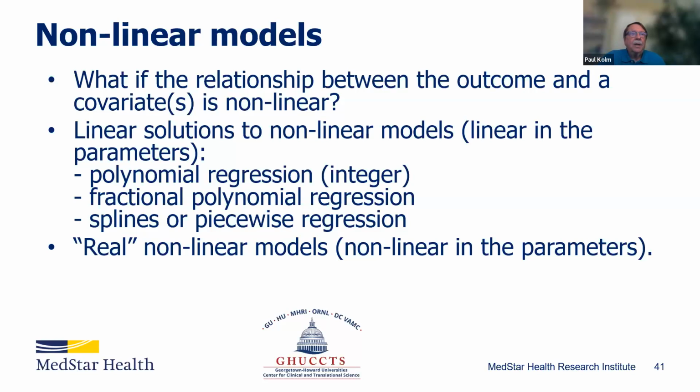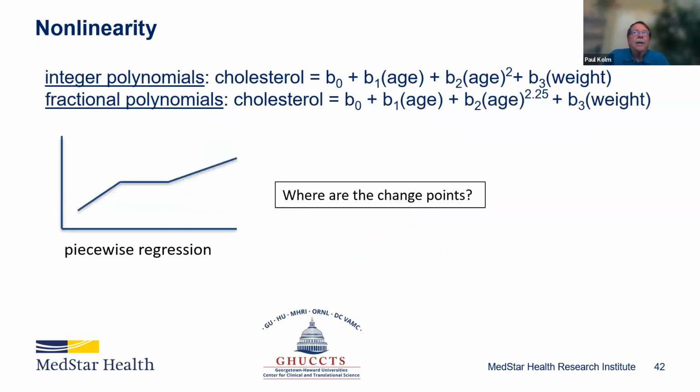Now, if you actually wanted to do what I termed here a real nonlinear model, then you're going to have to do something a lot more complicated, where we have functions that are nonlinear in the parameters, but that's for another day. And so here's an example. With integer polynomials, we're going to raise 1 or more of the independent variables to an integer power.